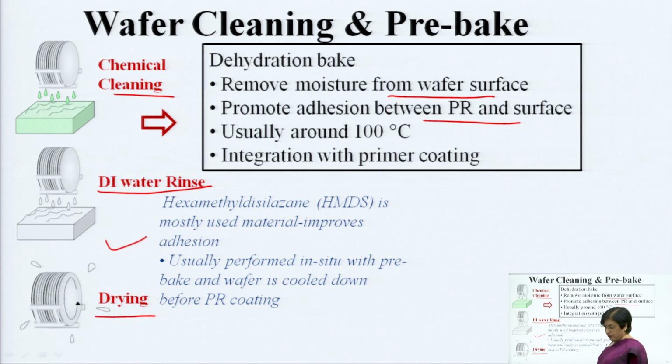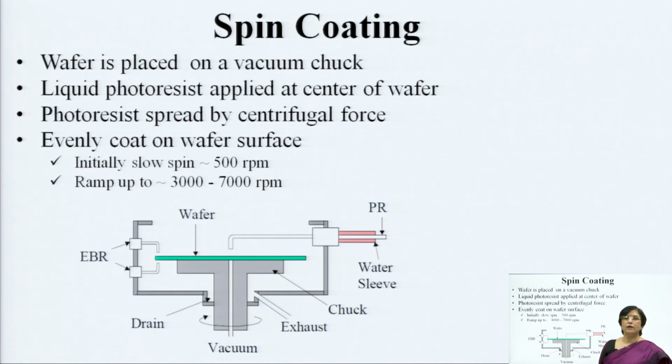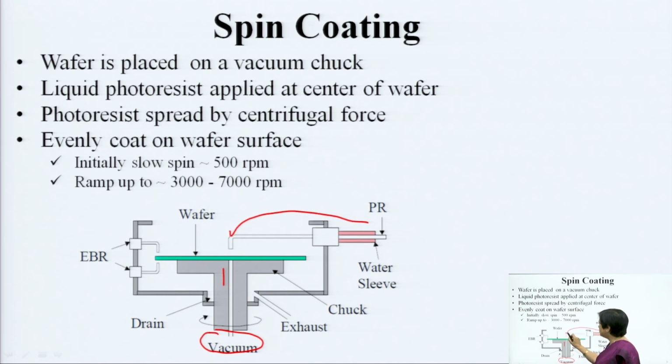Then we look at how this particular primer is applied. It is applied after placing the wafer onto the vacuum chuck, and you have the PR being released from this nozzle, and the extra will be automatically eliminated. With an initial speed that is very low, around 500 rpm, the wafer will be rotated.